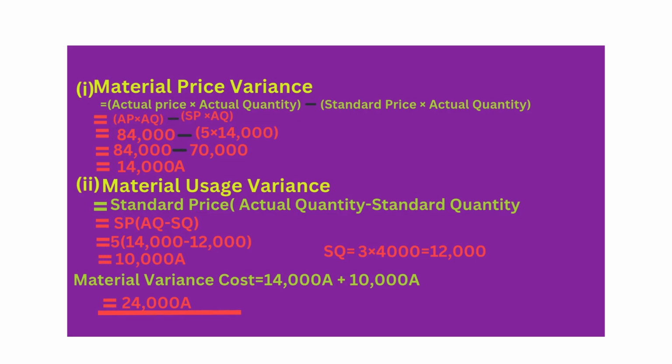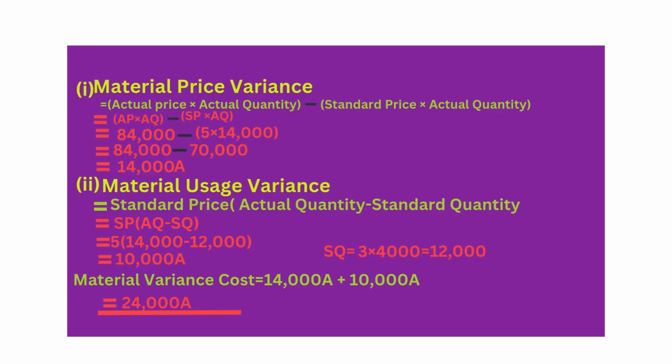So we get the standard quantity as 12,000. So it will be 5 into 14,000 minus the standard quantity which we've gotten, 12,000. So we get 5 into 2,000. So 5 multiplied by 2,000 will be 10,000.